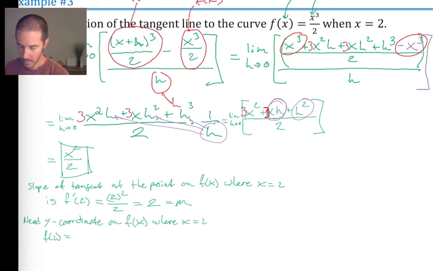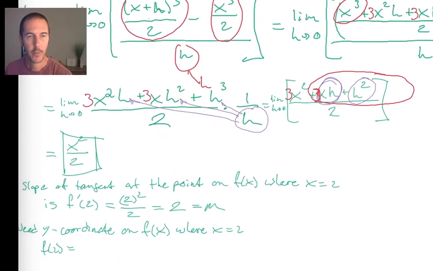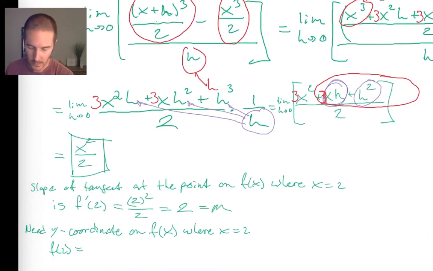And the final implication of that, when we evaluated the limit, these two terms do still become zeros because the h value got plugged in as a 0, but the 3x squared needs to come down and be part of our final answer so that it says 3x squared over 2. Then we have to bring that 3 with us onto the next line, when we're evaluating f prime at 2.